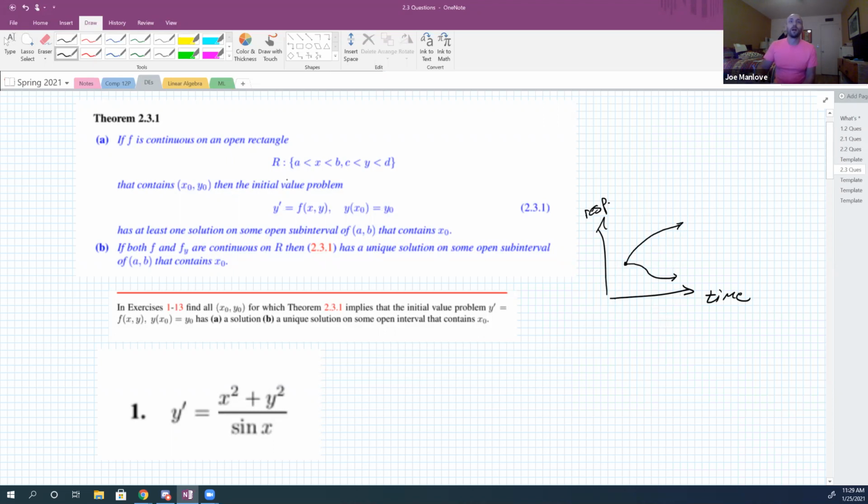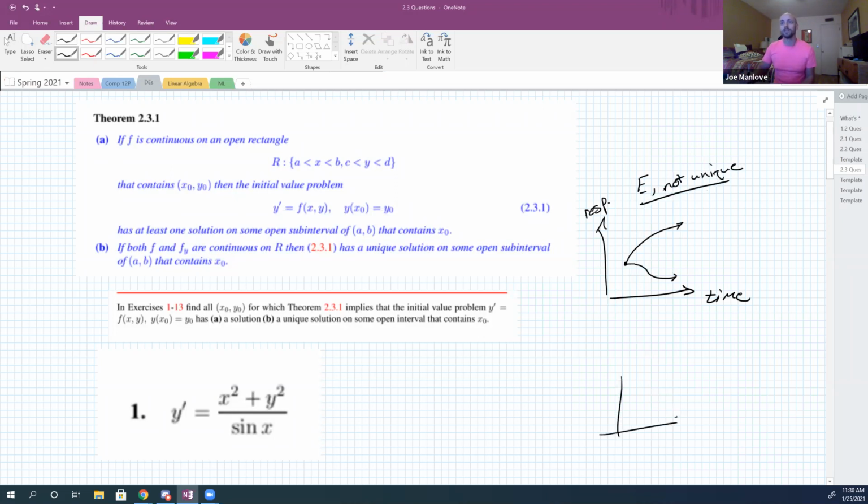So for the things for which the existence and uniqueness theorem applies, if I start here, it's going to have an evolution into the future that I can predict, and that prediction is going to be valid in some sense. It's going to be the only way it can go. You guys see that? So existence and not unique would look something like this.